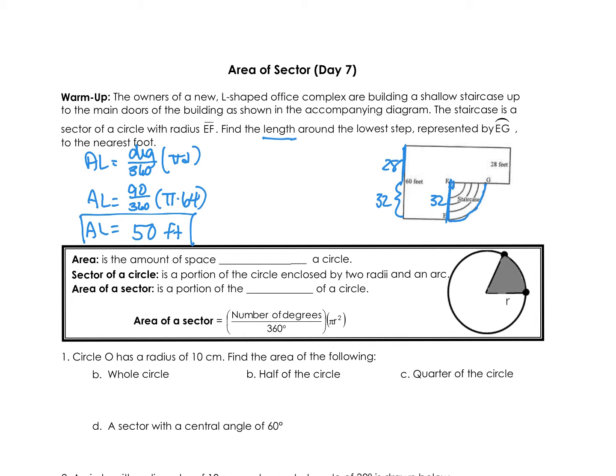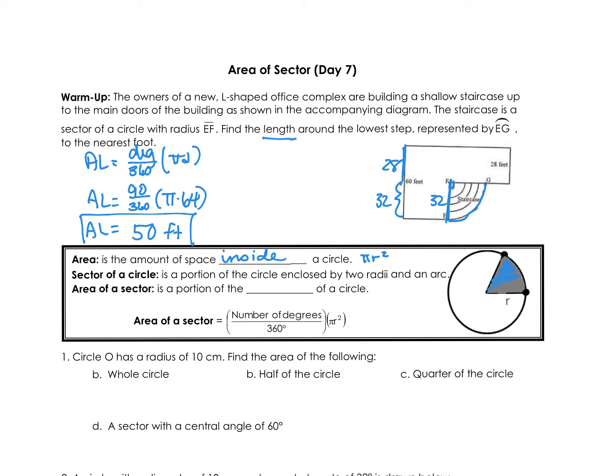All right. Today is called area of a sector. Area is the amount of space inside a circle. So if I want to do the area of an entire circle, I would use pi r squared. A sector of a circle is a portion of the circle enclosed by two radii.